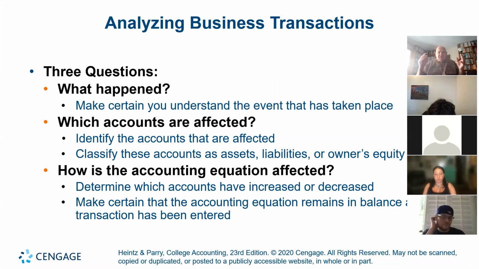So a business transaction occurred. Here's how we want you to think about it. What happened? Be able to articulate in words what just happened. And that'll be a big step in the right direction. Well, we just sold some product to our best customer. We sold $100,000 worth of staplers. That's the transaction.